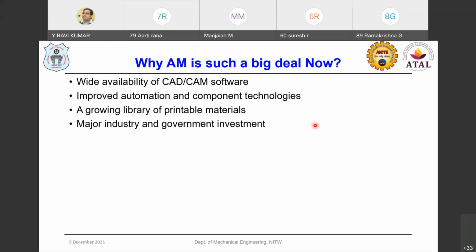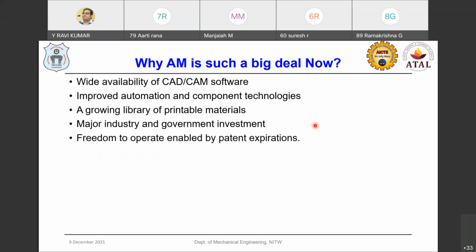For metal AM machines, either the LDD process or the powder bed process, people have started manufacturing their own indigenous machines because of the investment from industry as well as government, to develop this revolution of the AM process, to commercialize it, and to replace conventional manufacturing processes that cannot manufacture the complex parts that can be made with this AM process.